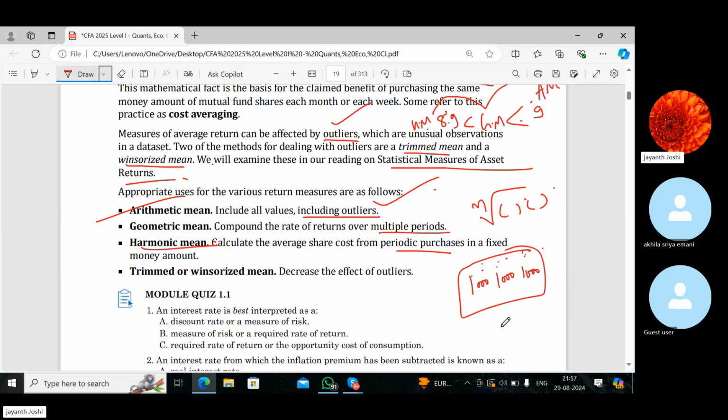So you can differentiate the data, and you can accordingly apply the measures of central tendency to calculate the averages. If you want to find out the average cost of a share, if you are making periodic purchases with a fixed amount of money over a fixed period of time, then you can go for the harmonic mean.